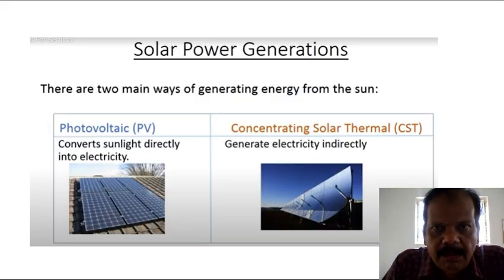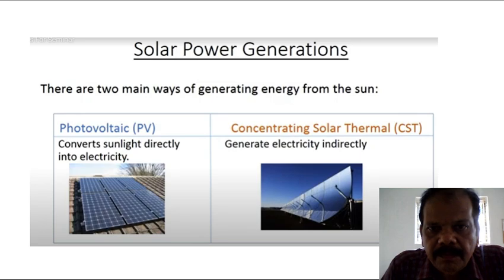Solar power generation can be carried out in two ways. We can directly convert the sun's radiation into electricity using photovoltaic cells in arrays, which convert the sunlight directly into electricity. That is one method of producing electricity.